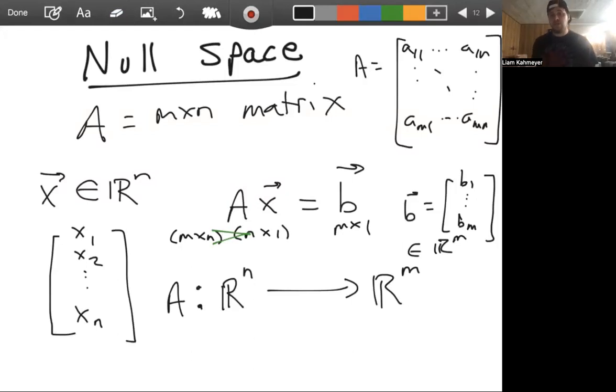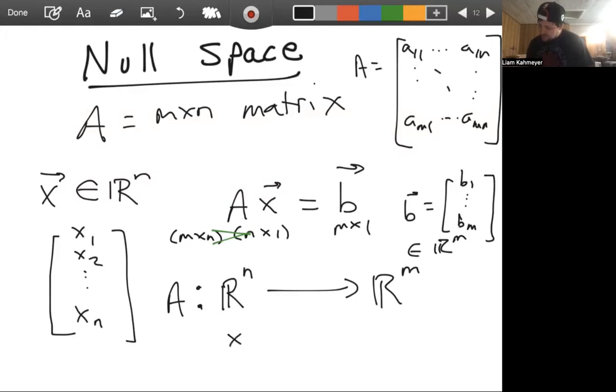And this is a really, really important concept here, to understand that matrices are actually just functions that are taking elements of n-dimensional space as an input, and then as an output, it's sending those to some element of m-dimensional space. And so we can really think about, right, what is this doing?